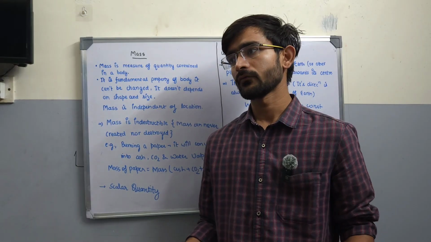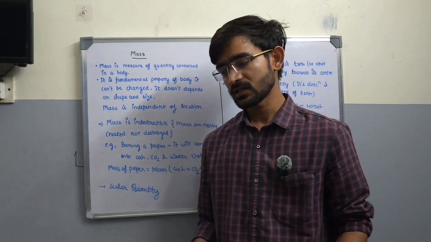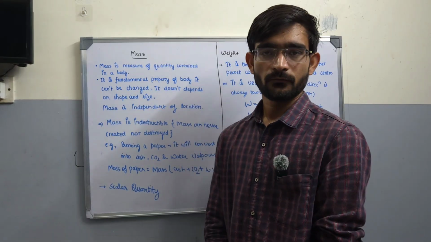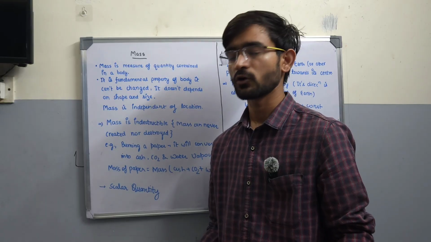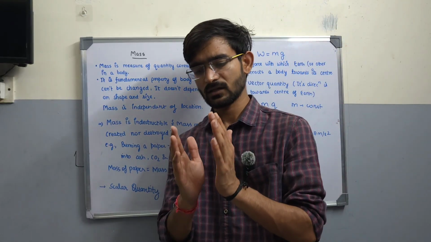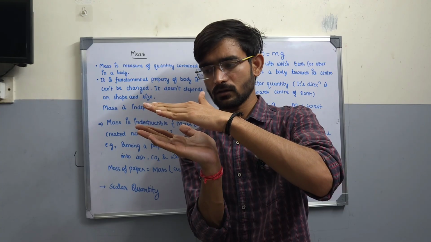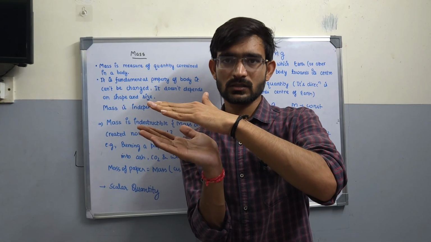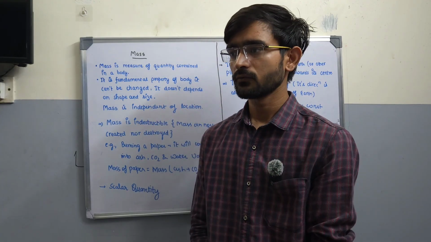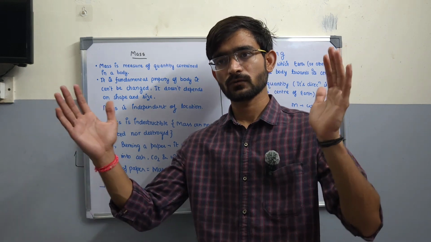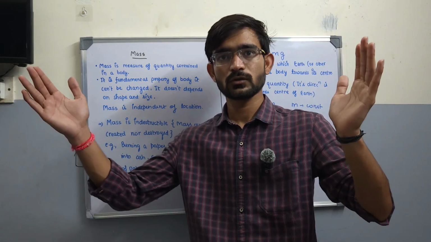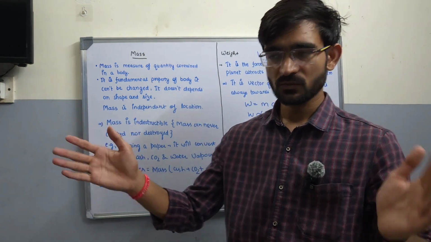Means if you are taking 1 kg of iron and 1 kg of cotton, 1 kg of iron will fit in a box this much, and 1 kg of cotton will be this much huge. Its shape will be this much huge.